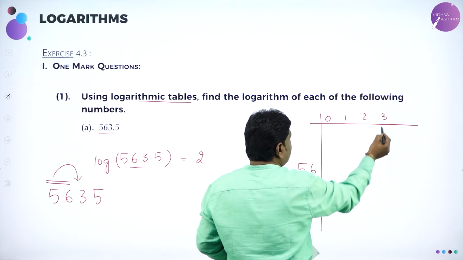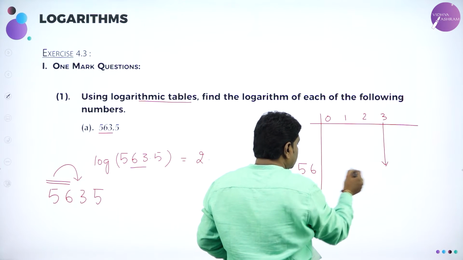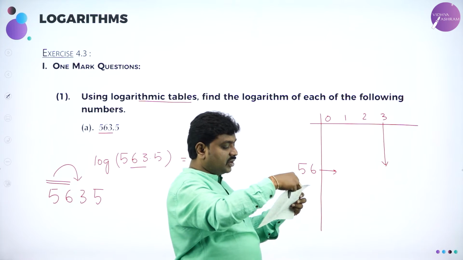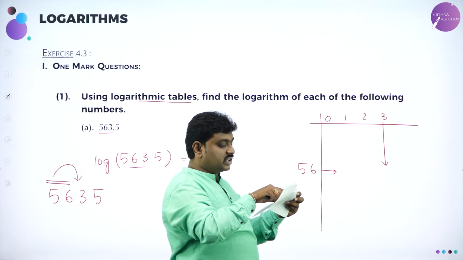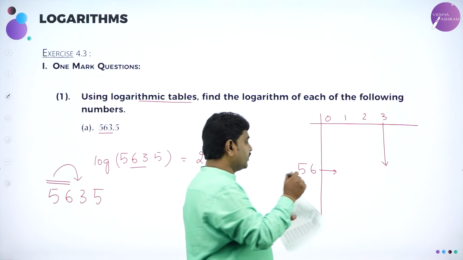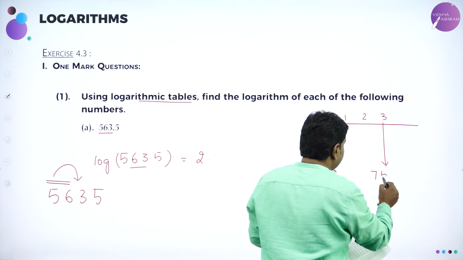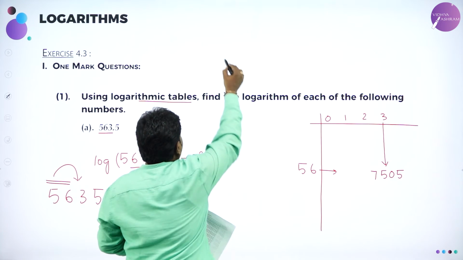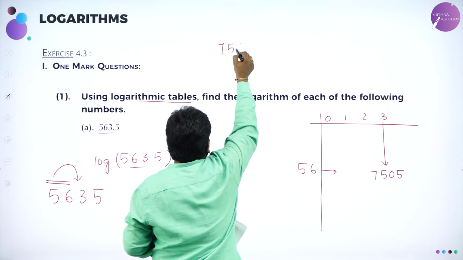So 56 under 3 in the log book, you will have 7505. Now write that separately, 7505.